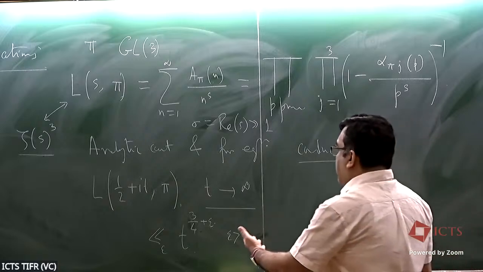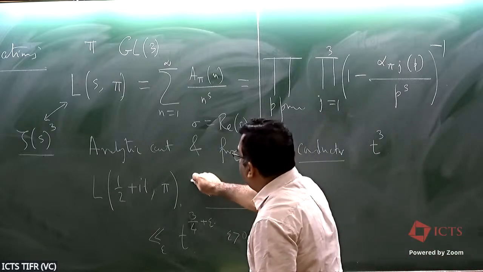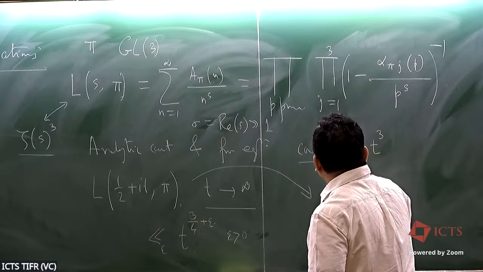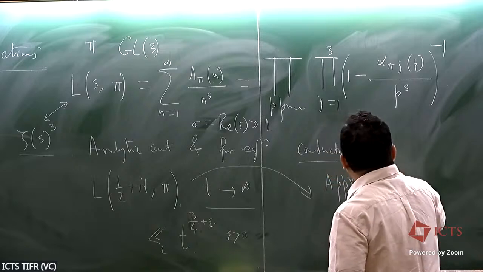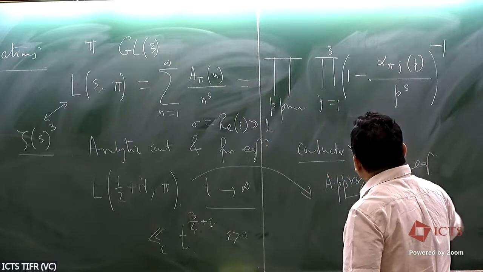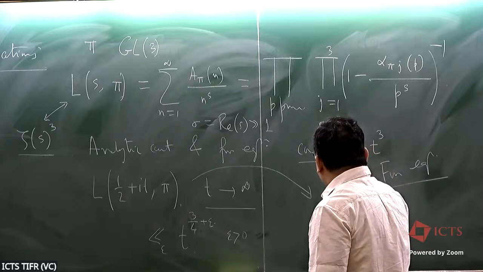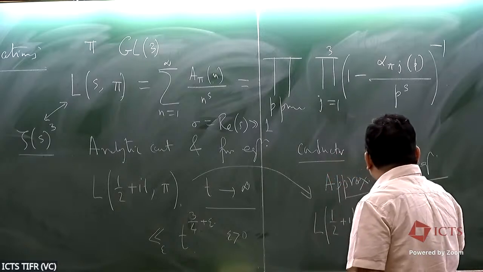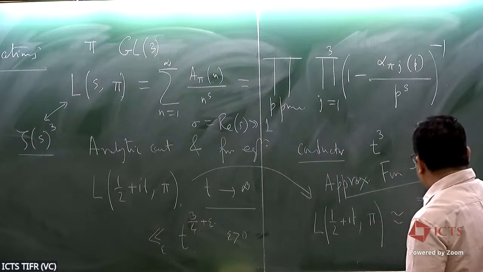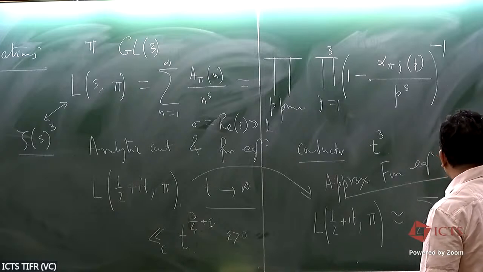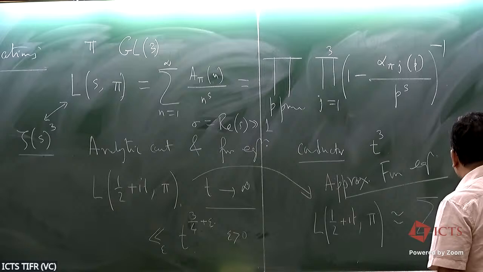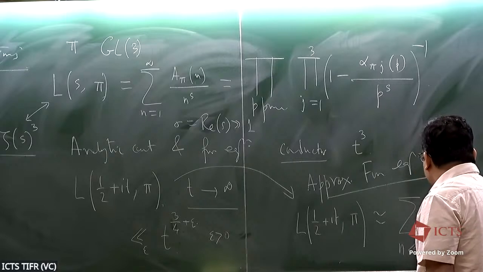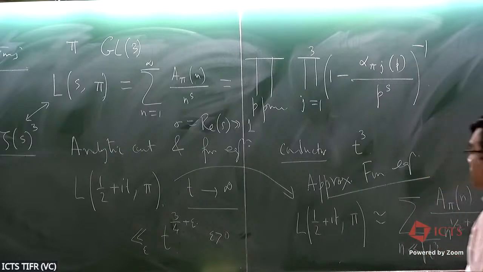Okay, so to get something better than this, one way is to look at the approximate functional equation. The approximate functional equation replaces L(1/2 plus it, pi) by a finite Dirichlet series, which looks like A pi n times n to the power half plus it, basically, where n goes up to square root of the conductor, and the square root of the conductor is square root of t cubed.